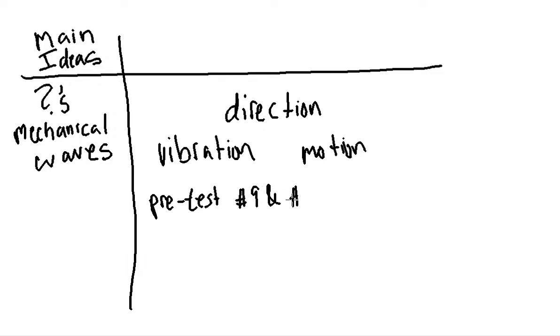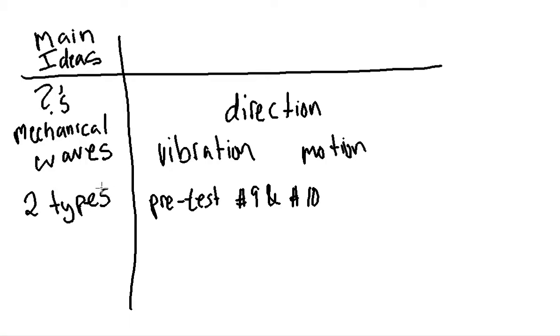and number 10. Now, just so everybody knows, all of this that I'm writing right here, this is not what I expect to see in your notes. What I expect to see in your notes is the answer to this question that you should be asking yourself: what are the two different types of mechanical waves and what makes them different? I'm not going to write the question for you, but the question should be about the two different types.